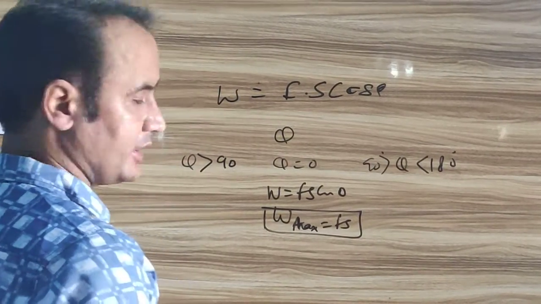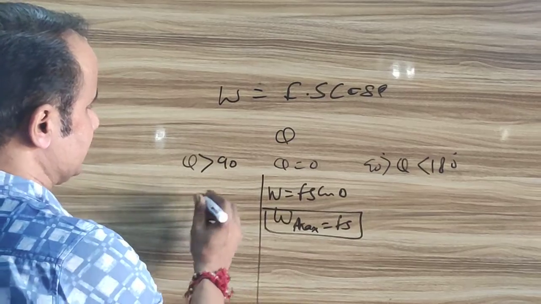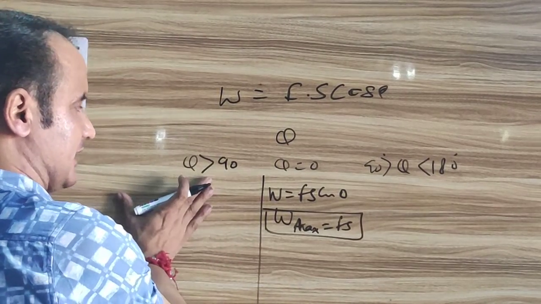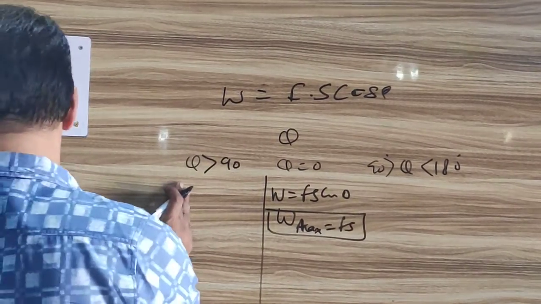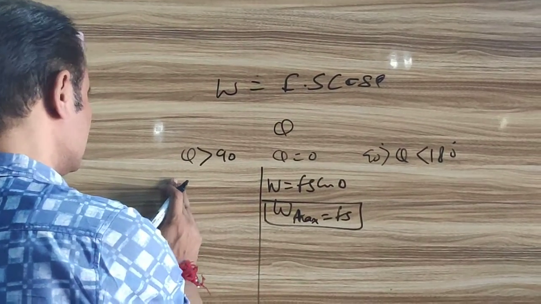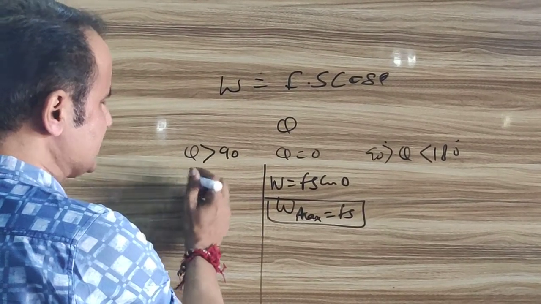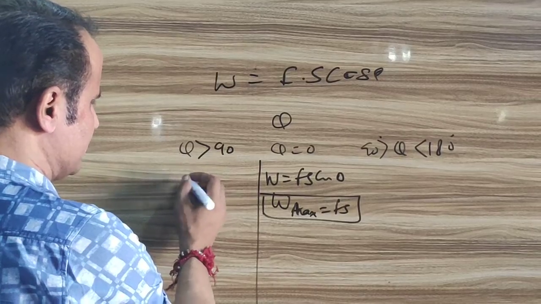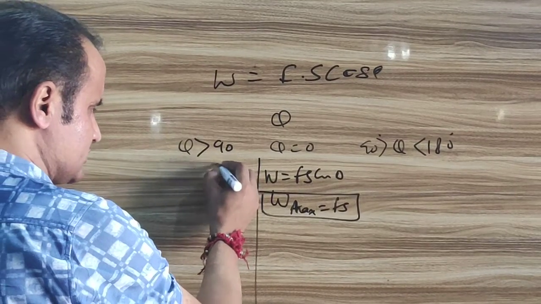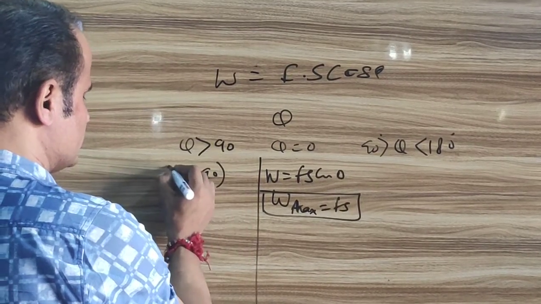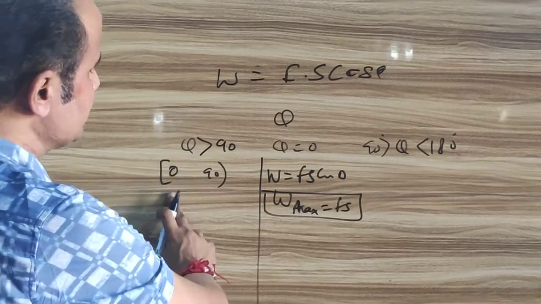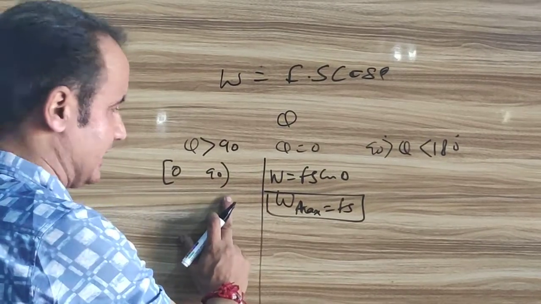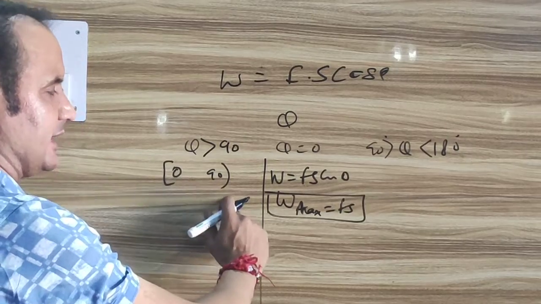Okay, in this case, if we see theta is less than 90, what does it mean? It means it is 90 to 0, including 0 but excluding 90, it can be 89.99999.